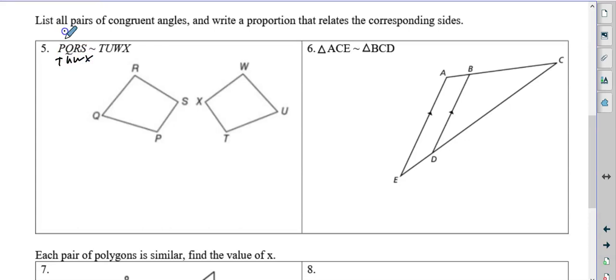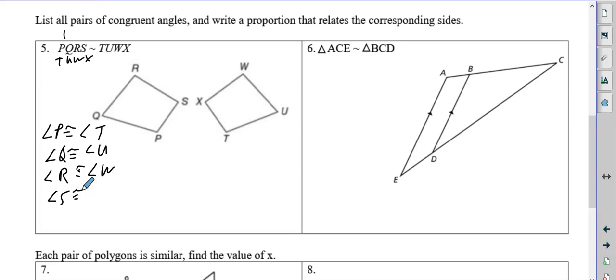And that tells me right there, angle P is congruent to angle T. And angle Q is congruent to angle U. And angle R is congruent to angle W. And angle S is congruent to angle X. They're just lined up.